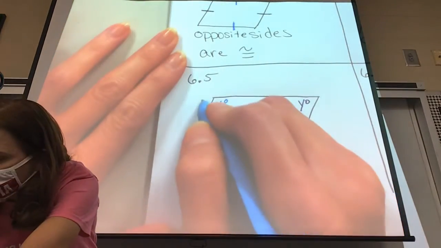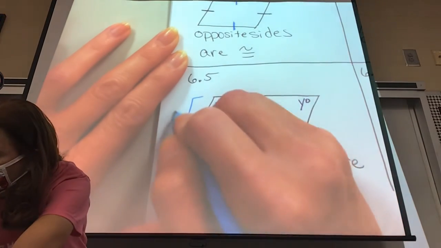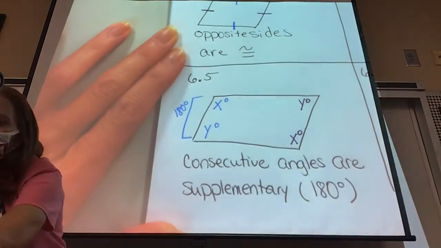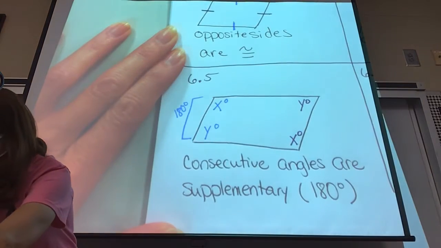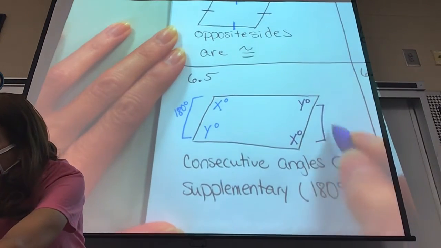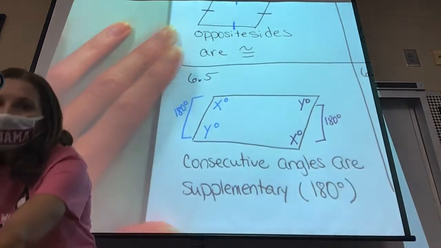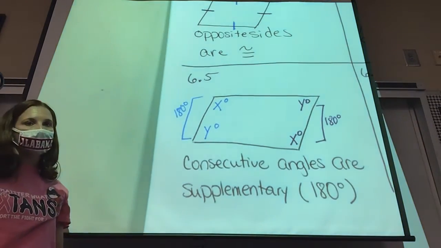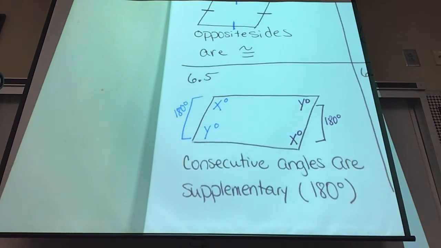So these 2 right here would be the ones that equal 180, and then these 2 would be the ones that equal 180. That's what it's telling me. So we've got a lot of information here so far that I'm sure in a second we're going to put to the test.